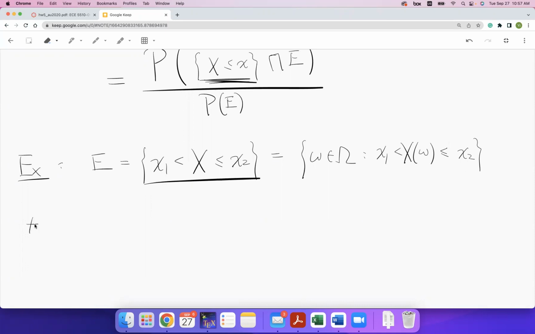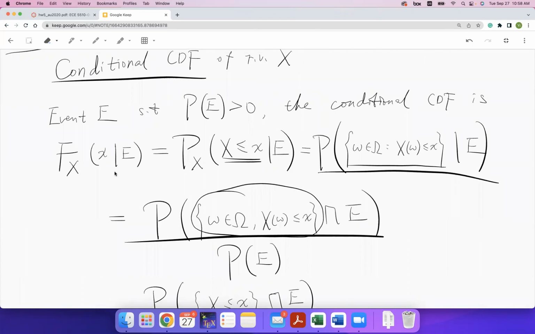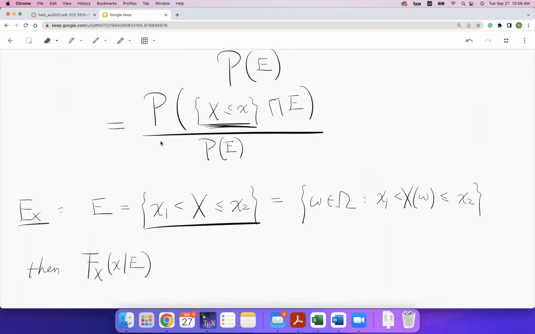Then we can consider the conditional CDF. And by the definition of this conditional CDF, in the end it is such a conditional probability.